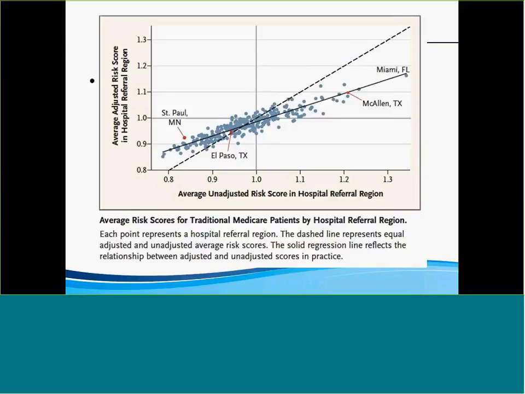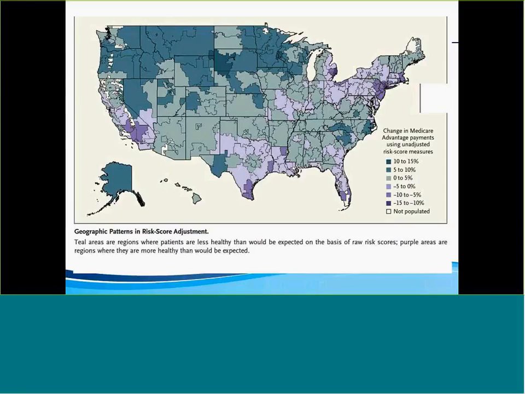So there's a problem with RAF in that physicians have various coding intensities, and those intensities are rewarded by the payers. So in this graph, the purplish areas, where I think people voted for Trump, code very well.